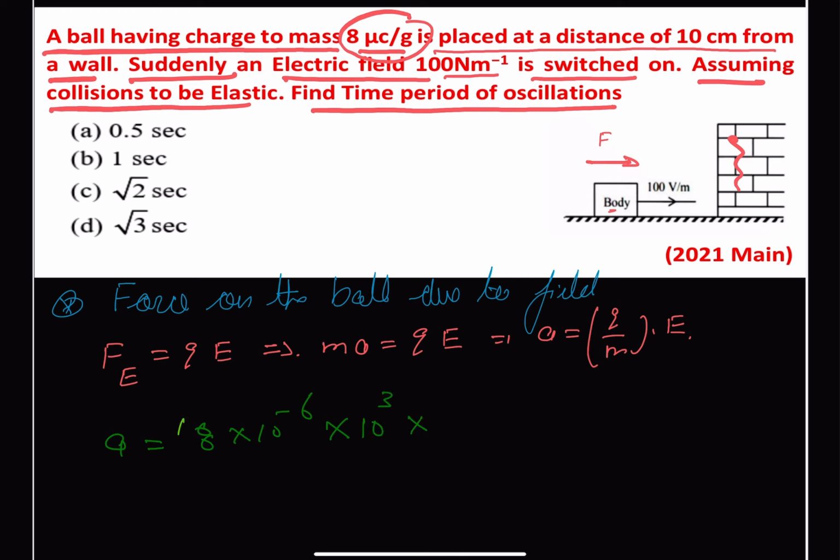And the electric field is 100 Newton per meter. Therefore we get 8 into 10 to the power minus 3 multiplied by 100, which is equal to 0.8 meter per second square.